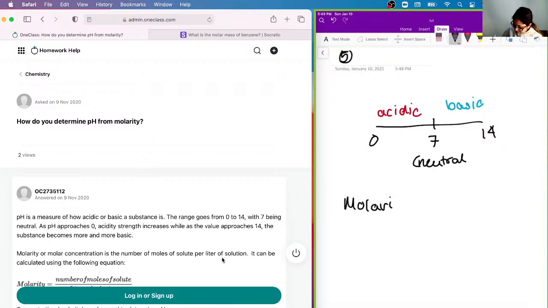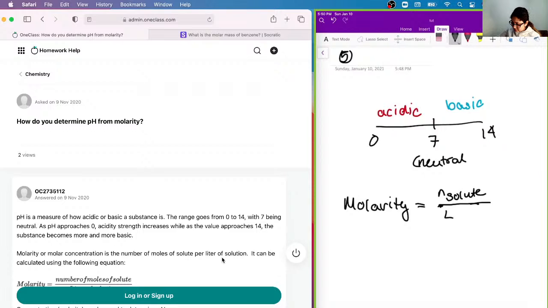Molarity is the ratio of the number of moles of the solute by the kilogram of solvent. Oops, I was thinking about molality. Molarity is the number of moles of solute per liter of solution.